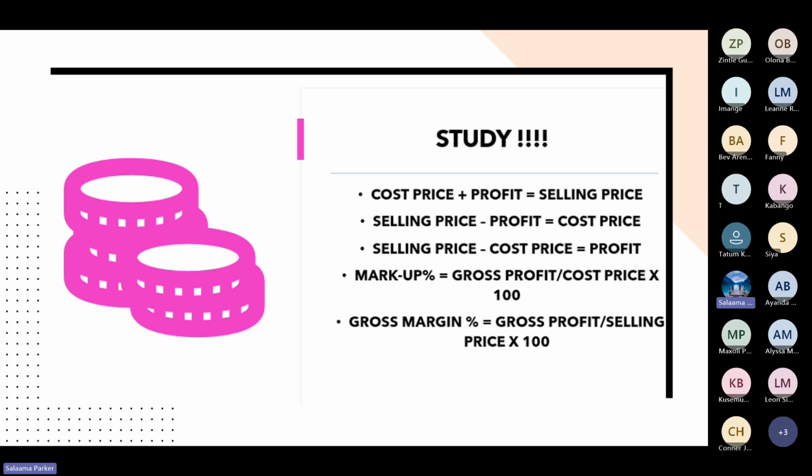How am I going to calculate my gross profit? Do you still remember how to calculate gross profit? Which two amounts are you going to be subtracting from each other to get to the gross profit?